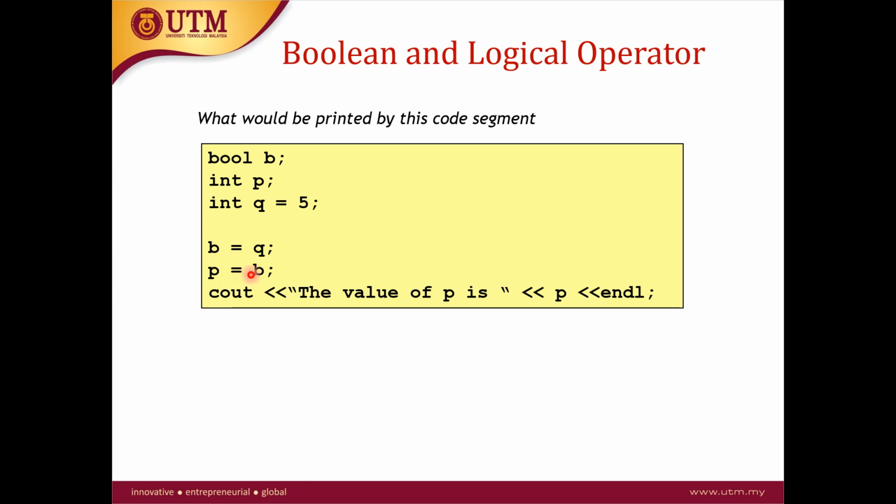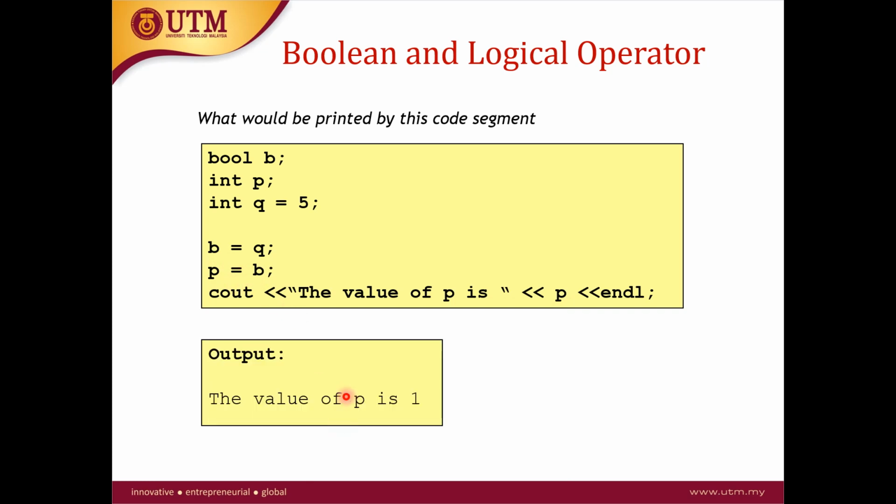Why? Because we cast the type from Boolean to integer. So what is inside p? b. What was b? b was true. So what is going to be printed? 1 is going to be printed. So the value of p, the content of this variable, is 1.